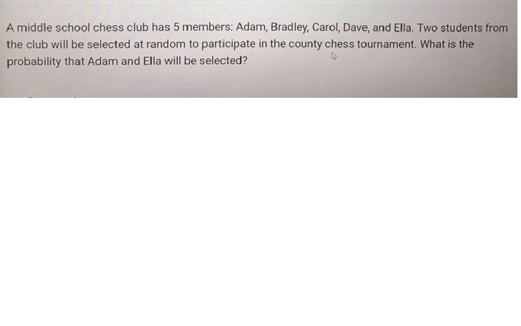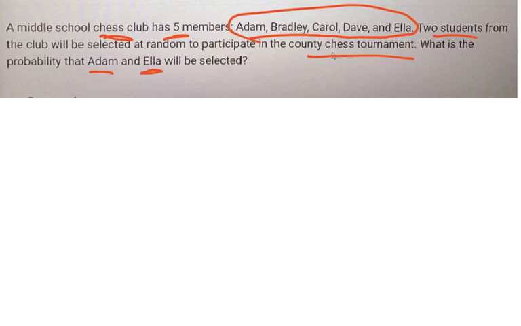Okay, what about this problem here? Notice we're picking 2 students from these 5 students. There's only 5 members in this chess club, and they're selected at random to participate in this chess tournament. What is the probability that Adam and Ella will be selected?